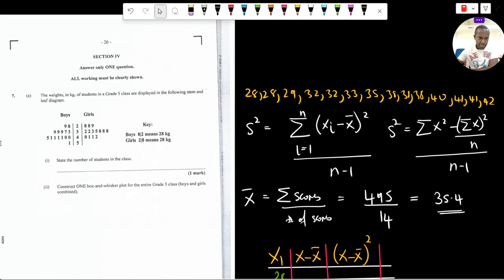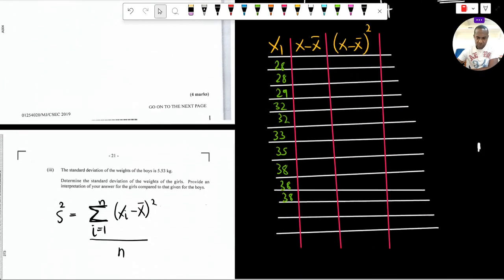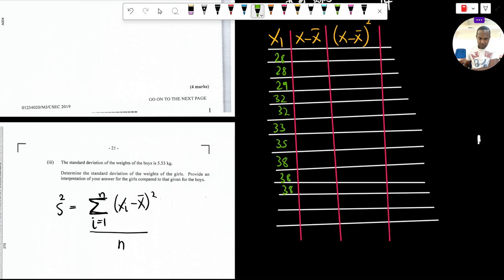And then there's also 40, two 41s and a 42. So 40, 41, 41, then 42.